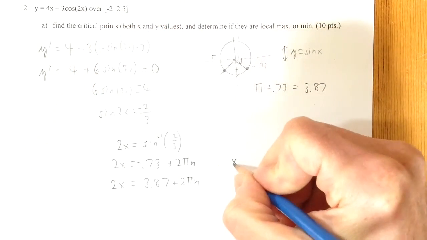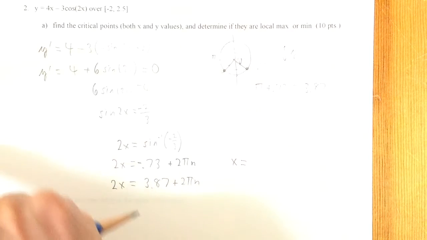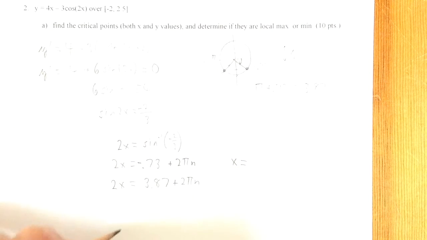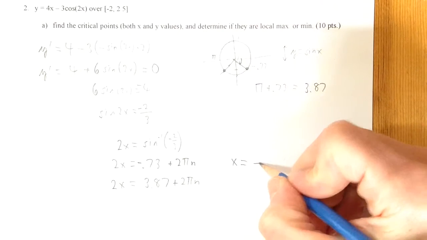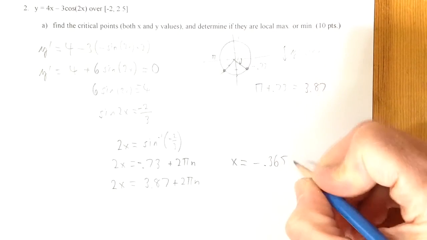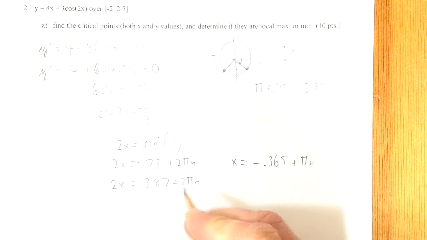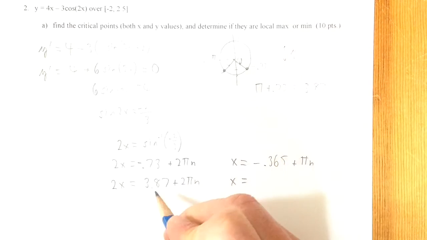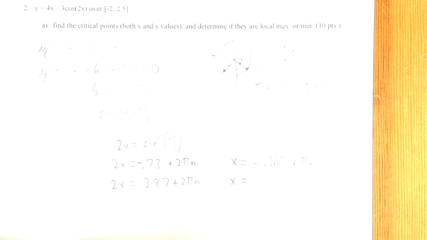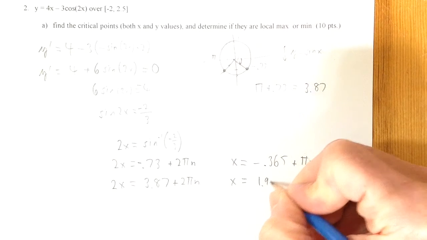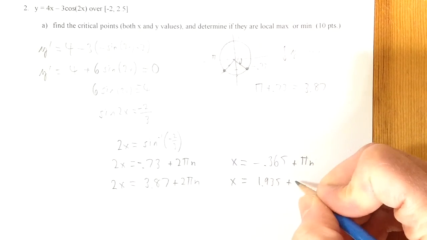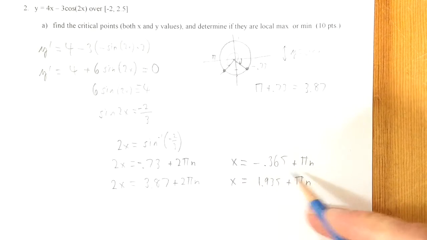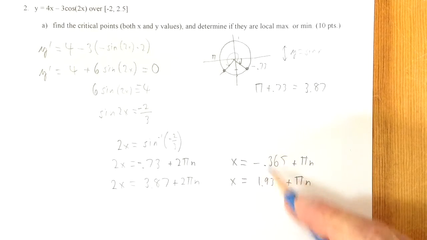So x is equal to negative 0.73 divided by 2, which is negative 0.365 plus pi n, because dividing by 2 gets rid of the 2 pi. And then down here, x can be 3.87 divided by 2, which is 1.935 plus pi n. Those are all the places where there are maximums or minimums.